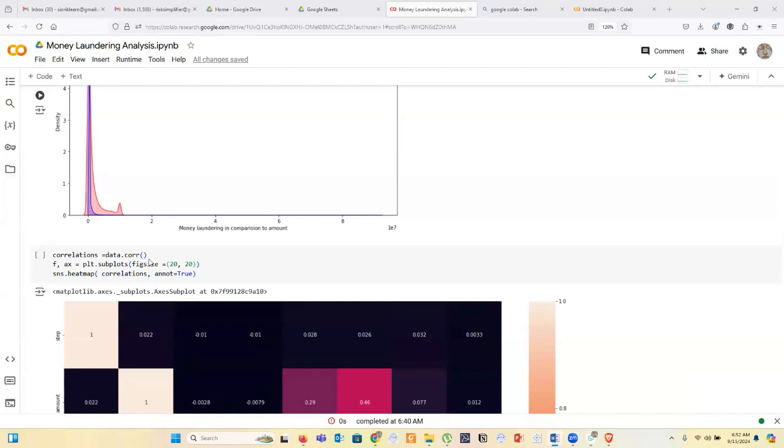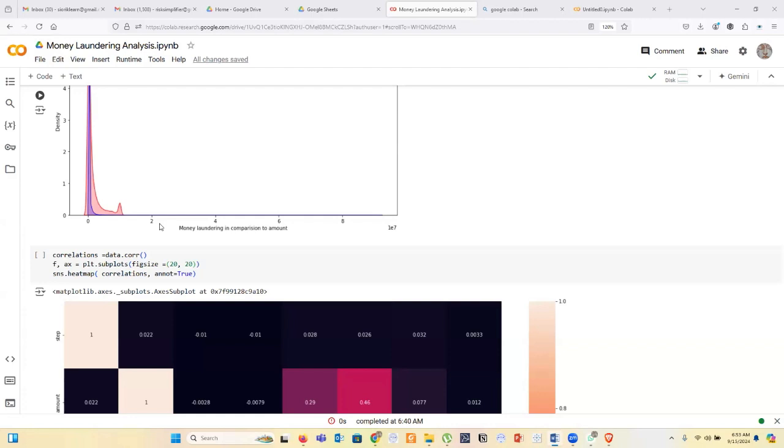So here I think it's around 1 million because it's in the middle of 0 and 2. So around 1 million we are getting a lot of suspicious transactions, and this is most probably because 1 million is the threshold value, right?